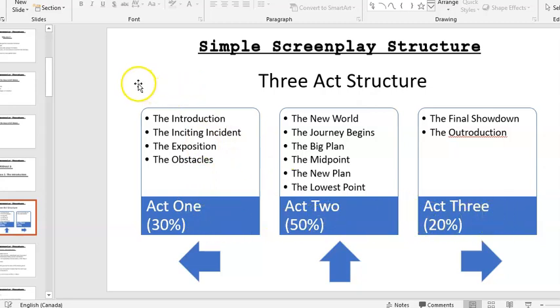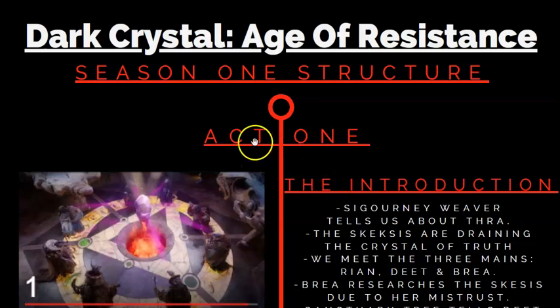I mean, you wouldn't break down the season and call them acts, but for the purpose of how I'm doing this, I call them acts, even though the only real acts are in each episode itself. But this is my actual breakdown of the first season of The Dark Crystal: Age of Resistance.